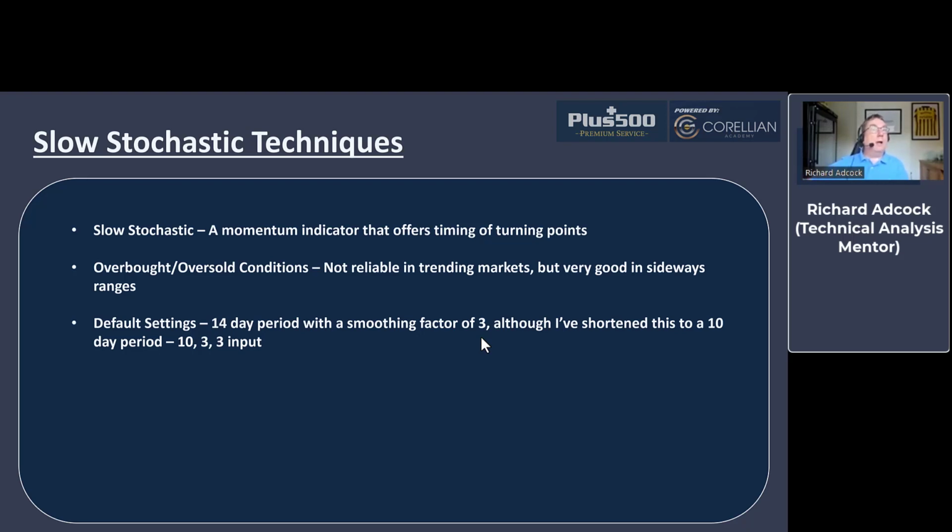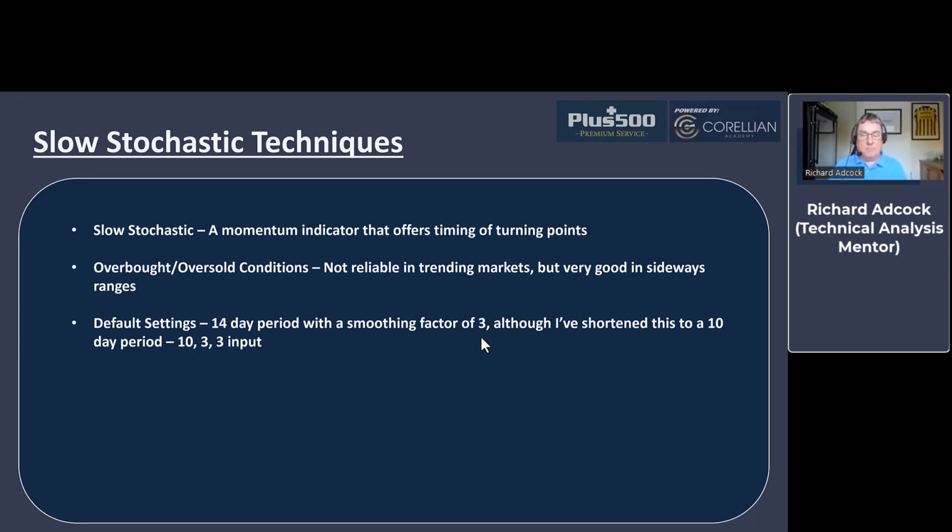As prices rise, then the market tends to close towards the upper limits of that period's range. So as we start to see stochastics turning up, it reflects that the current level within the range of the last 10 days is increasing. As we start to see corrections develop, then the current level within the range of the last 10 periods declines. And that's when we see stochastics turn lower and highlight the market is seeing momentum turn down and the risk of further weakness.